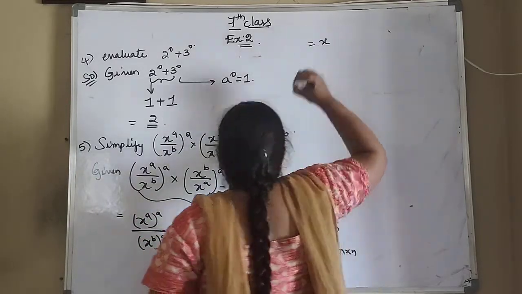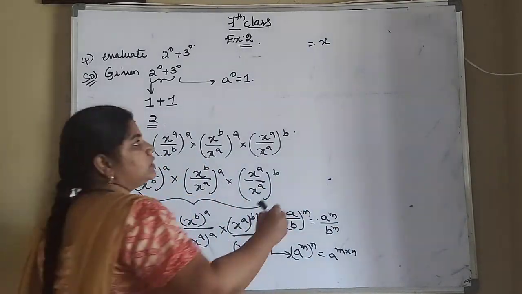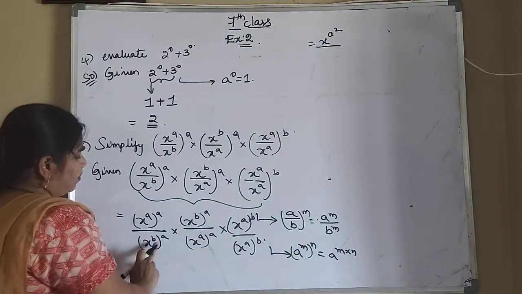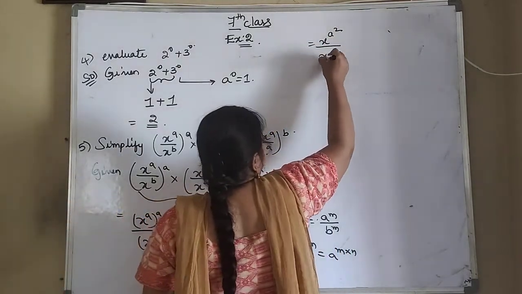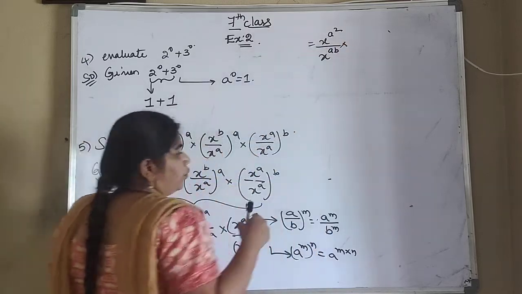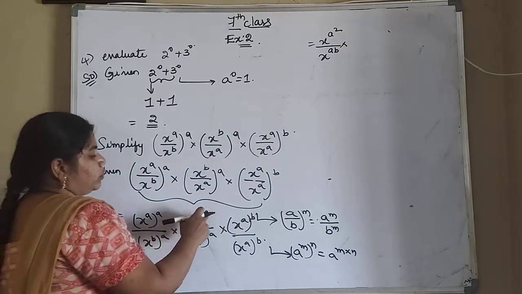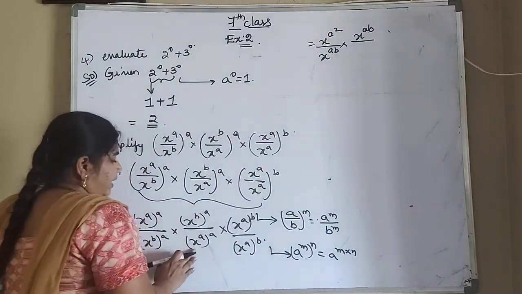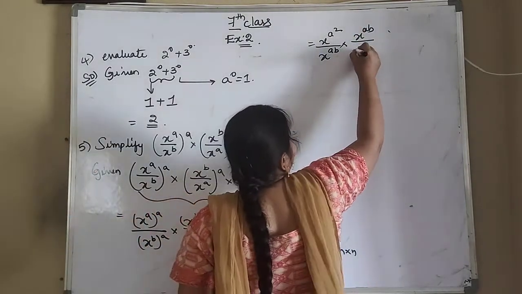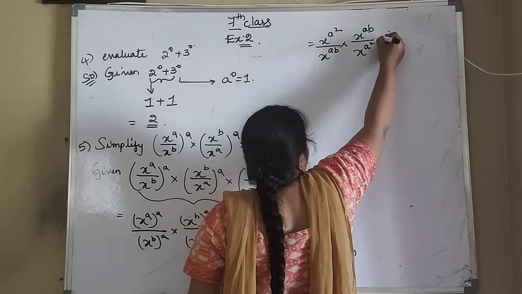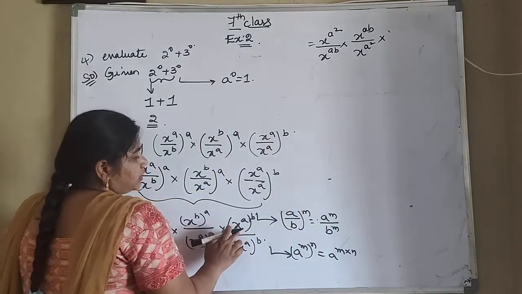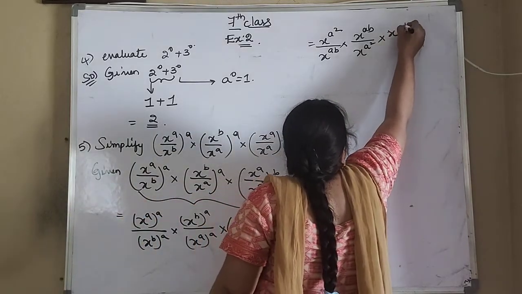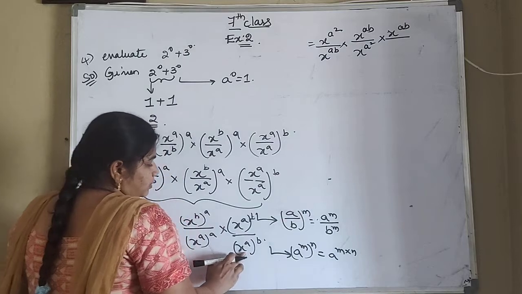That is x power a into a will be a square, by x power b into a will be ab, into, in the same way, x power b into a is again ab, by x power a into a will be a square. So x power a square into x power ab, by x power ab.